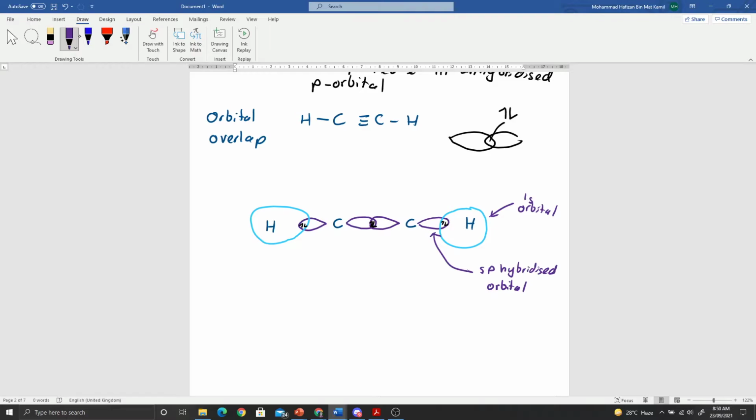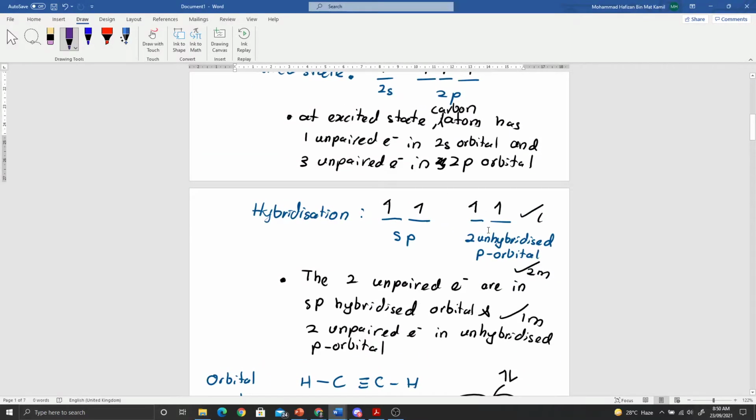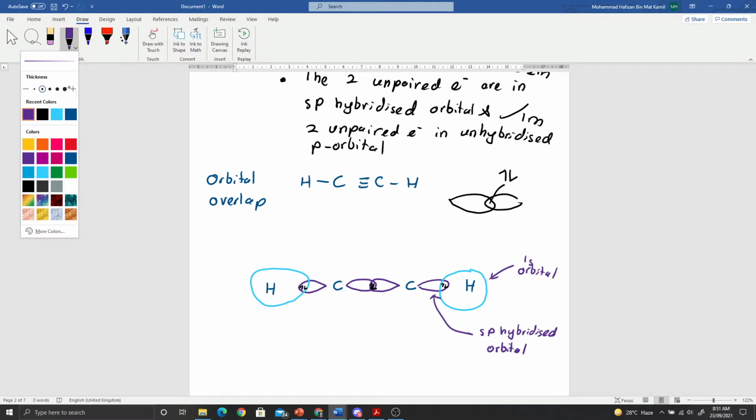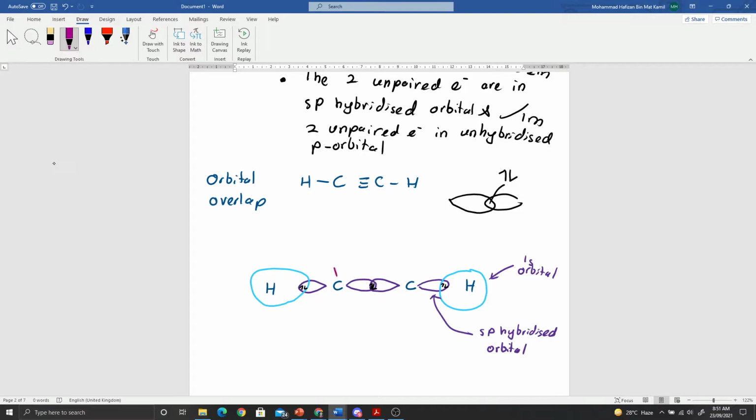Okay, so now we want to describe the pi orbitals, how they form pi bonds. If you remember, we have 2 unhybridized p orbitals, each with 1 singly occupied electron. Each of these has electrons that are not hybridized but are shared with each of the carbons. It is good to use different colors, but one color is also okay, as long as you label.